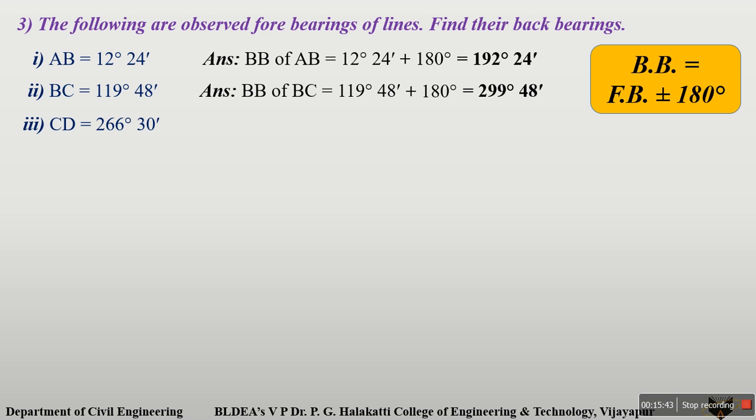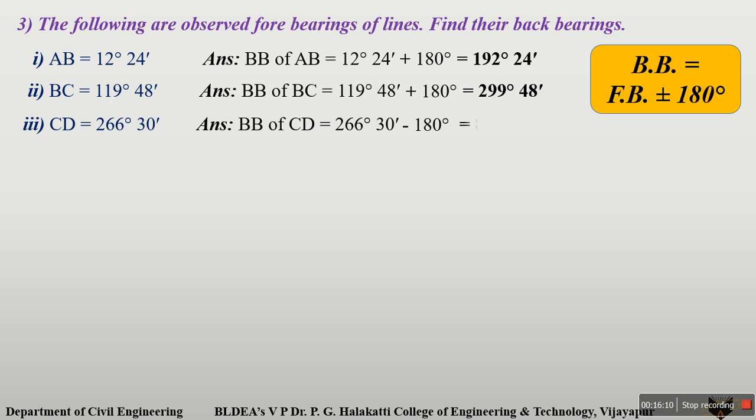Similarly, third one, CD is equal to 266 degree 30 minutes. So our bearing of CD is greater than 180 degree. So in that condition, our back bearing of CD is equal to 266 degree 30 minutes. It is greater than 180 degree, you have to use the minus sign 180 degree.